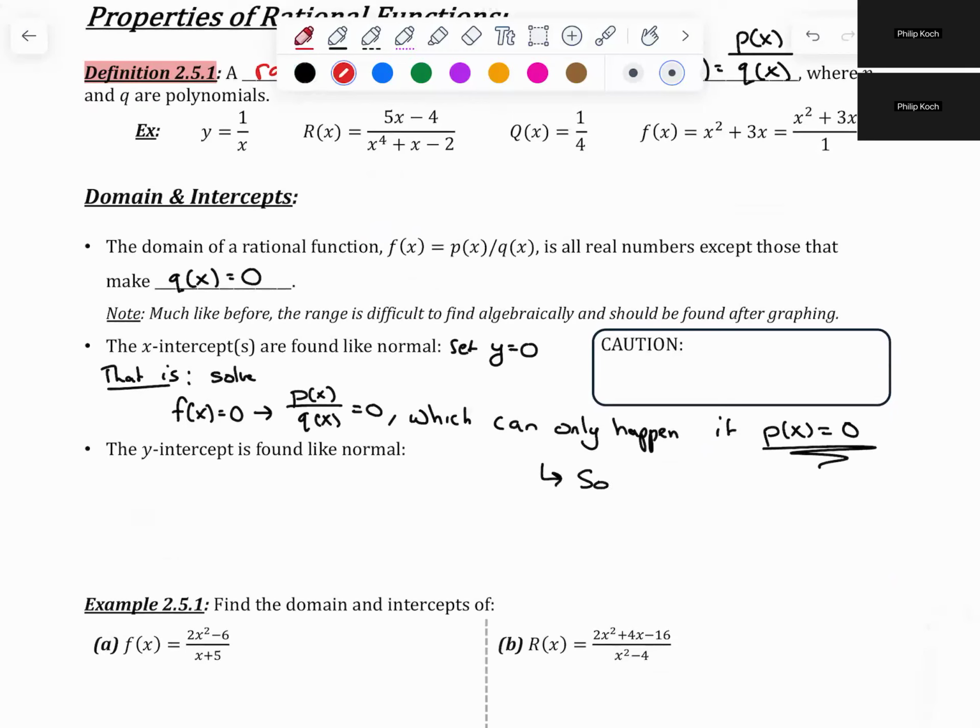I'm going to put an asterisk, like a star, here. So to find x-intercepts, set the numerator equal to 0. We're going to rehash that one more time, once everyone's written that down.